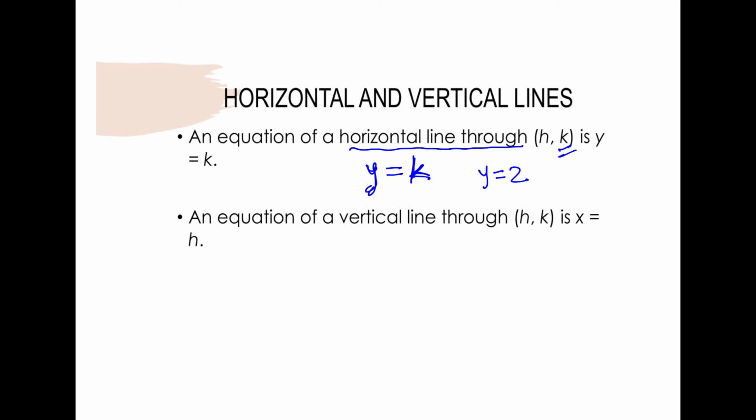And for a vertical line, we write it as x equals h. So x equals 2 would be a vertical line passing through 2 on the x-axis. So notice that when we have a vertical line or a horizontal line, the equations just involve an x or just involve a y.